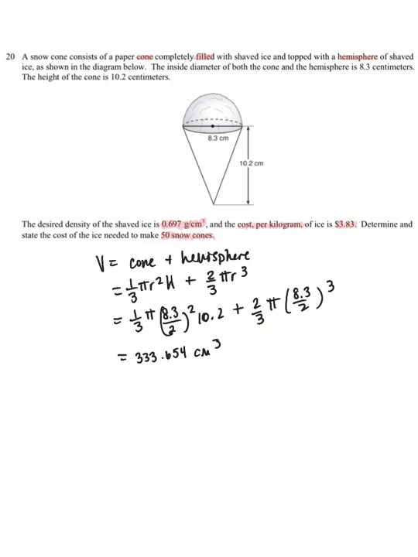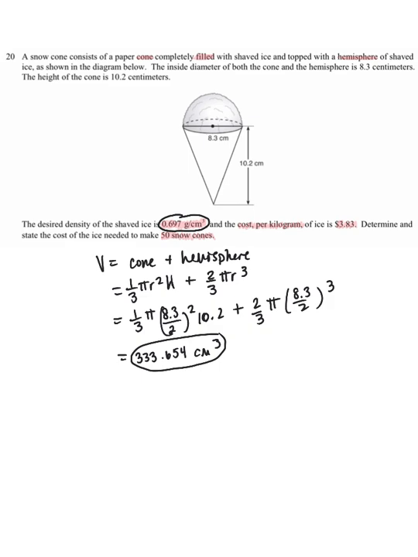And then they're talking about cost per kilogram. So we need to get kilograms. So first we're going to get grams. So I do what's called unit analysis. I have this conversion, that's the desired density. I have this amount. I want grams. So that means I want centimeters to cancel out. So that means I'm going to multiply.